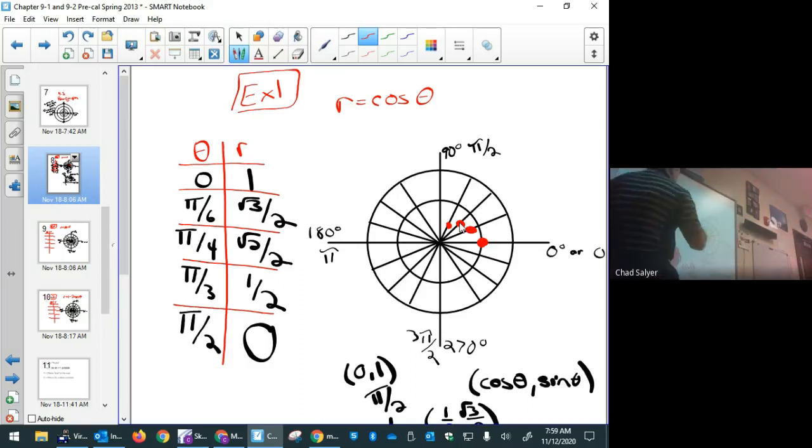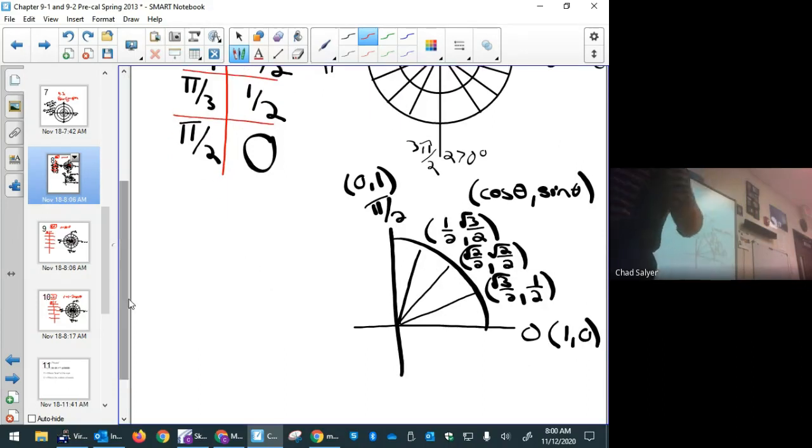And the cosine of pi over 2 is 0. So you see how that's a semicircle? And I could probably infer what the rest of the graph would look like, but let's go ahead and continue on.